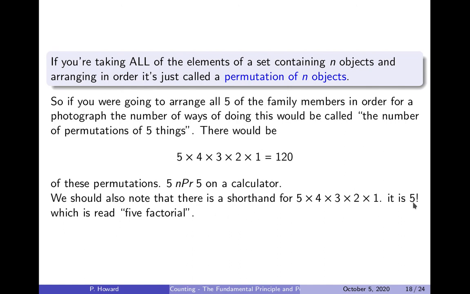So in a similar way, 7 factorial would be shorthand for starting with 7, multiplying by 6, multiplying by 5, and you keep going till you get to 1. The factorial function is available on your calculator, and you could use it to calculate the number of ways of arranging all 5 family members in order.